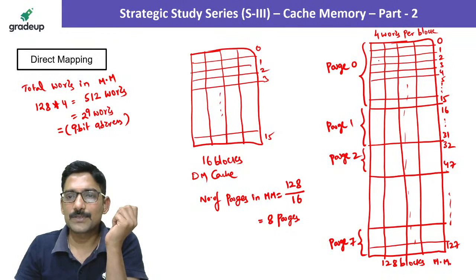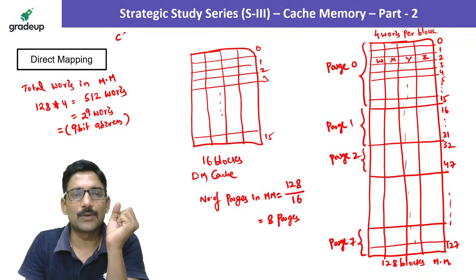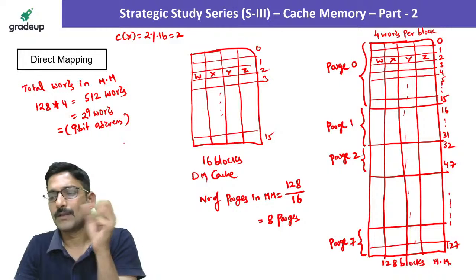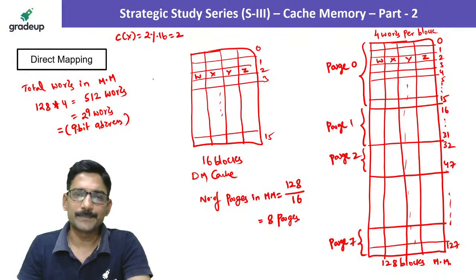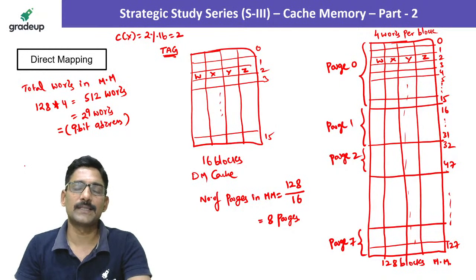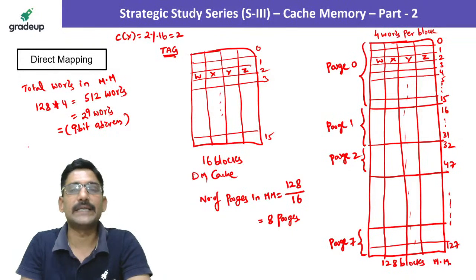Now suppose we are copying the word X from block 2. Where you copy the location of X, you write as 2 mod 16, that is block 2. So you will copy that here, W, X, Y, Z. Once that block is copied, for easy identification or searching, to make the searching time less, any cache memory maintains an index.